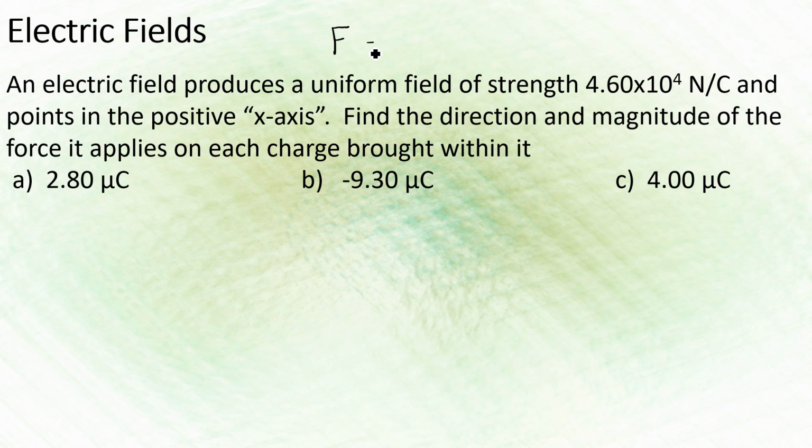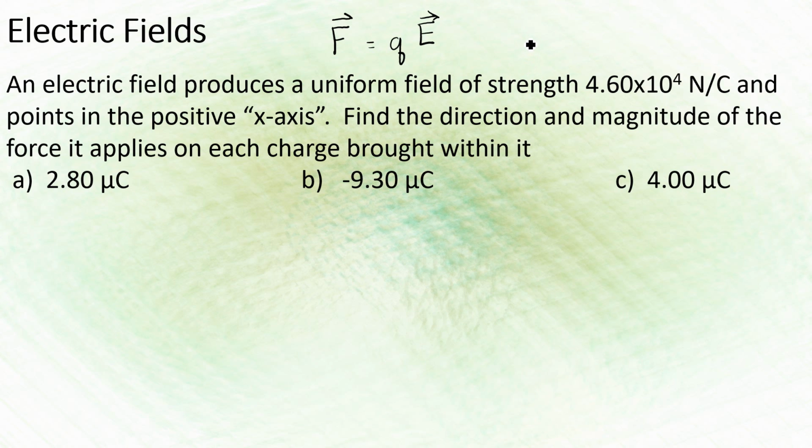The force inside of an electric field, and I'll make it a vector, although we could do it just with magnitude, but force again has a magnitude and a direction, is equal to the charge, Q, times the electric field. Okay, so here's our first example problem.